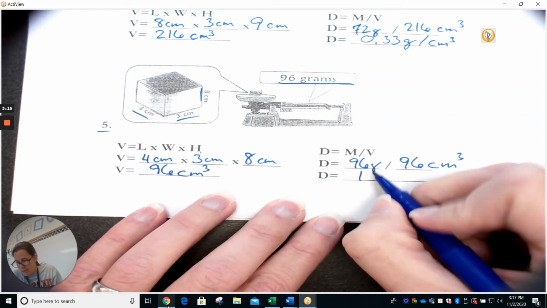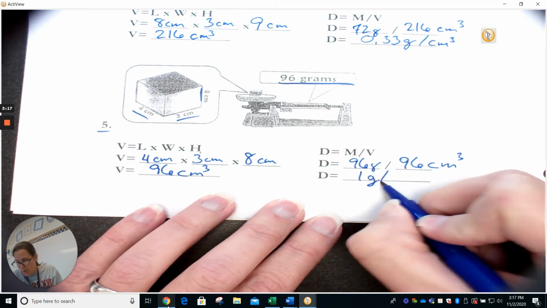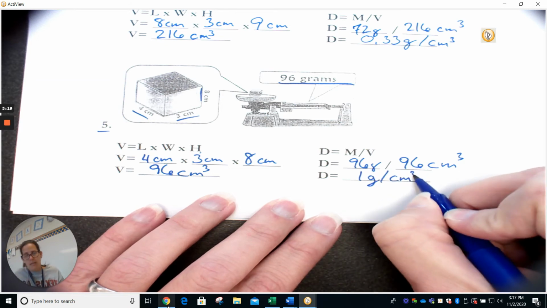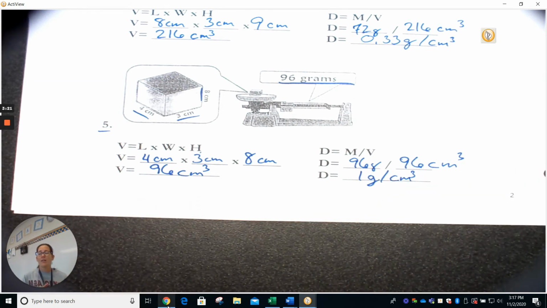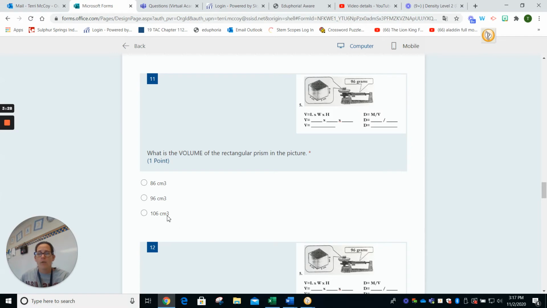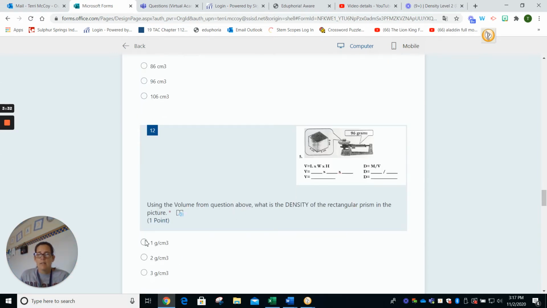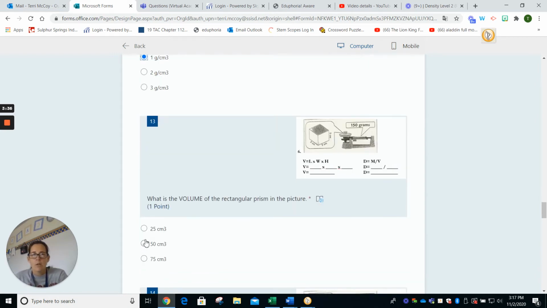So our density here is 1 gram per centimeter cubed. If you put that in your calculator, that's totally fine. If you automatically know that, that's fine too. Okay, so we're going to enter this over on our form. The correct answer here is 1 for our density. Okay, let's go to the next one.